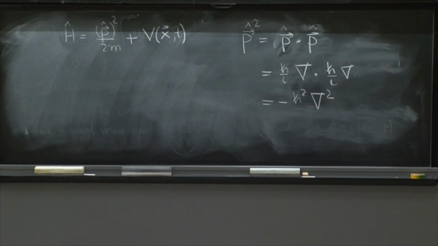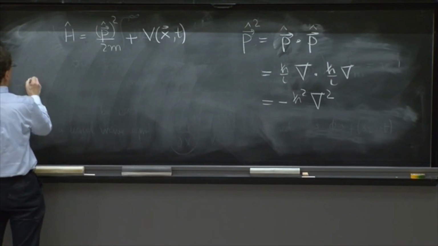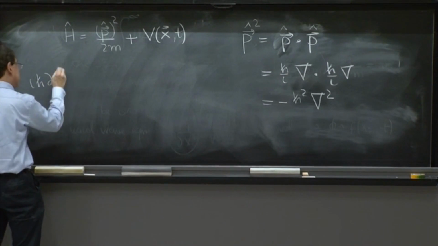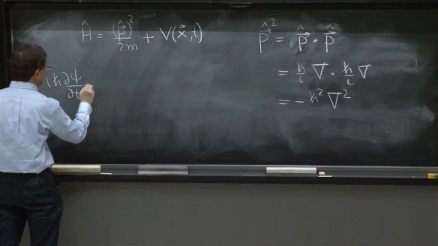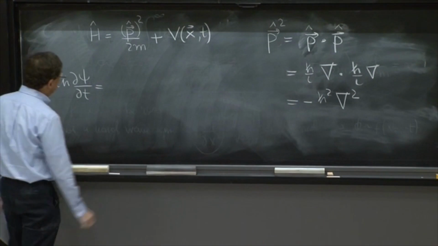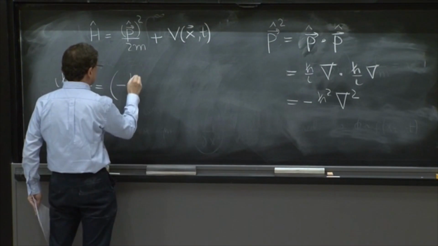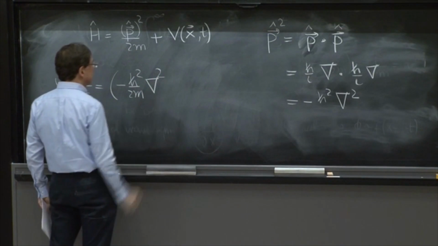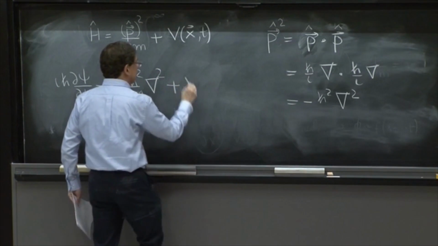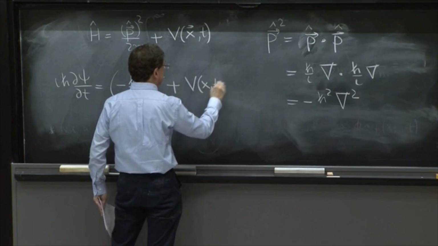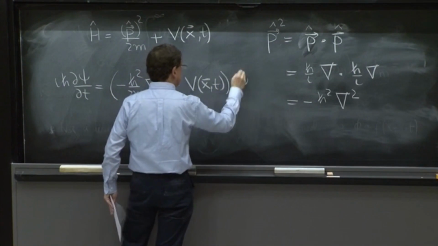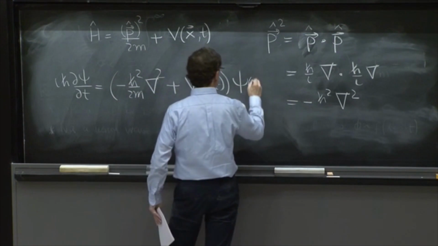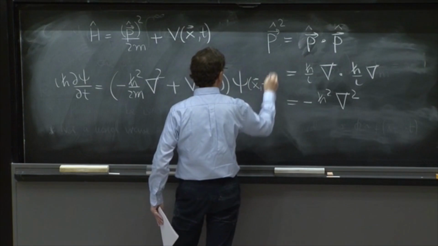So your Schrödinger equation will be i h bar d psi dt is equal to the whole Hamiltonian, which will be minus h bar squared over 2m Laplacian, plus V of x and t multiplying psi of x vector and t.